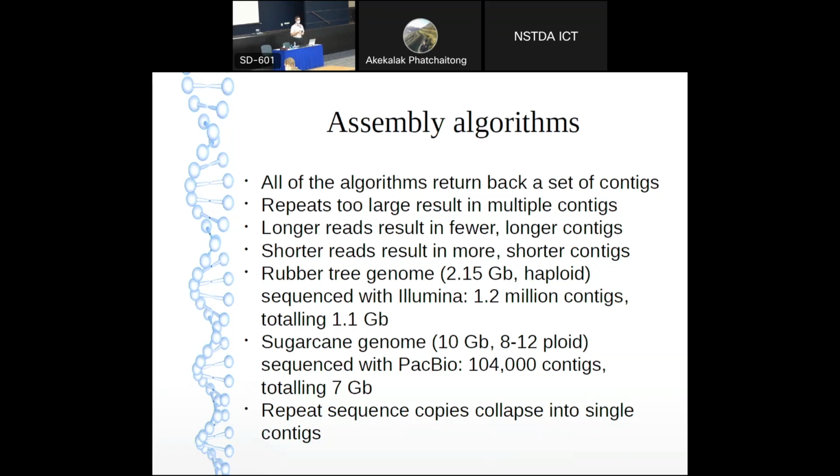So the reason that such a larger amount of the genome was contained within the assembly is because of the long PacBio reads able to span across the repeat sequence and link repeat sequence with unique sequence. So the repeat sequences that can't be spanned get collapsed into single contigs.